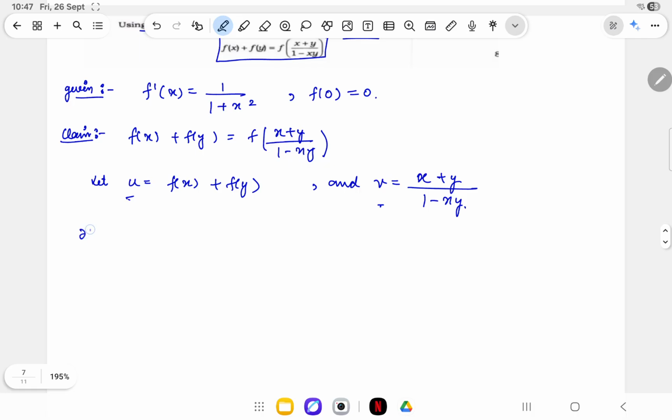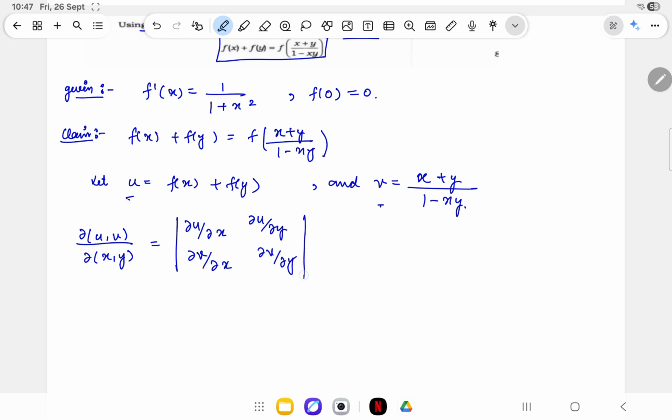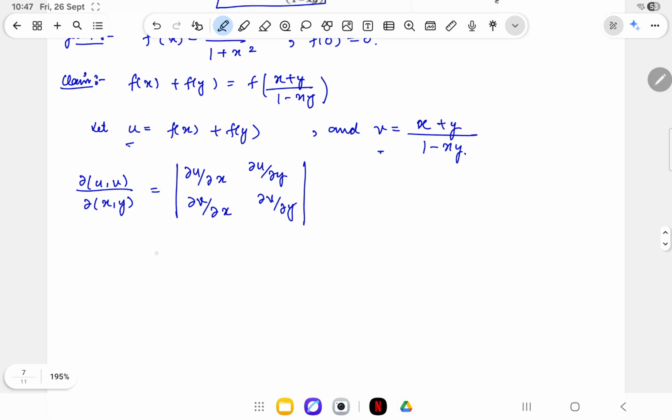If I calculate del of u comma v with respect to del of x comma y, it will be del u by del x, del u by del y, del v by del x, and del v by del y. So if I simplify it, let's check what del u by del x will be.